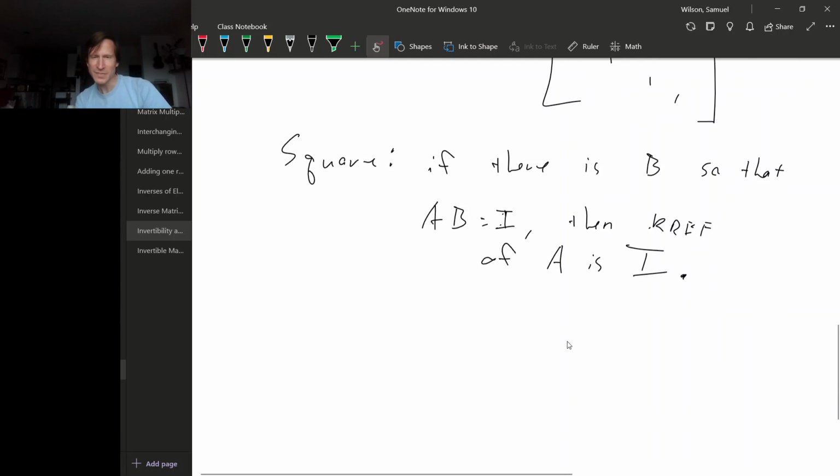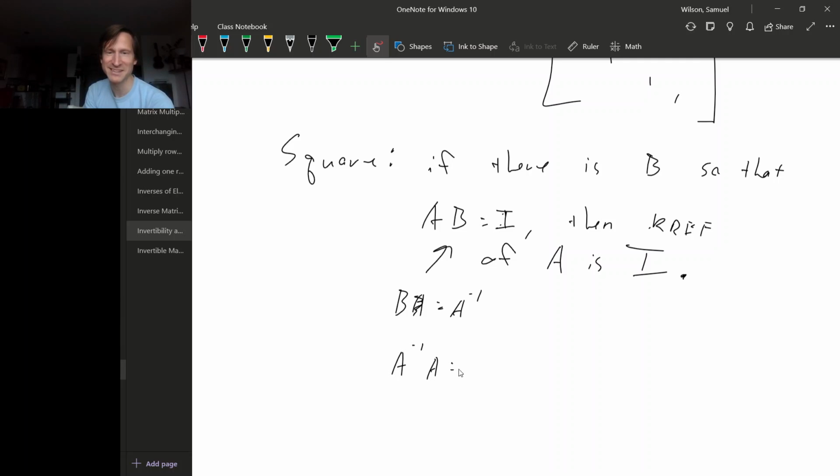In this case, if A is square, then this means that B is actually A inverse. And that means that A inverse times A is also the identity. And this inverse matrix, the inverse matrix A, this is actually all of the row operations that reduce A to the identity matrix.